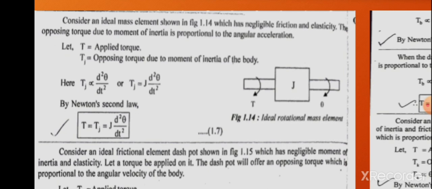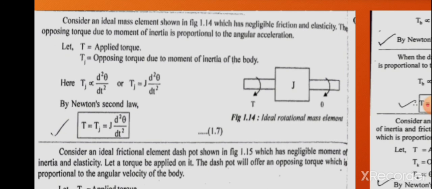So by Newton's second law, we know that the opposing torque is directly proportional to acceleration, and here we can say it is angular acceleration. So the opposing torque due to moment of inertia of the body is directly proportional to the angular acceleration.